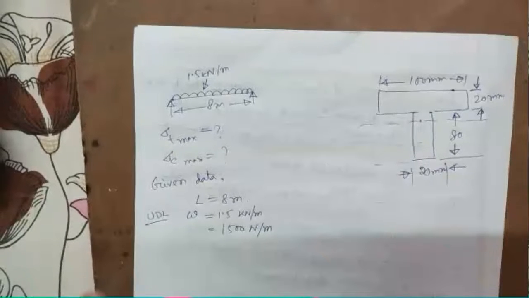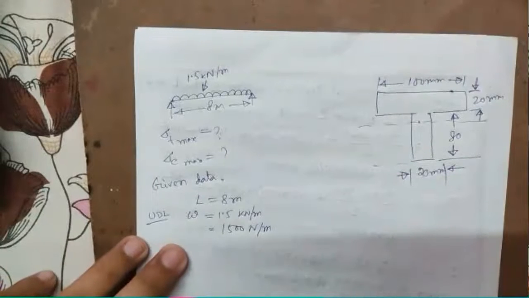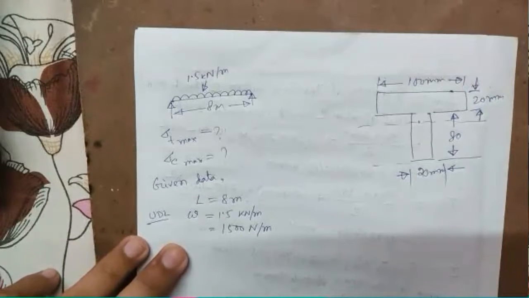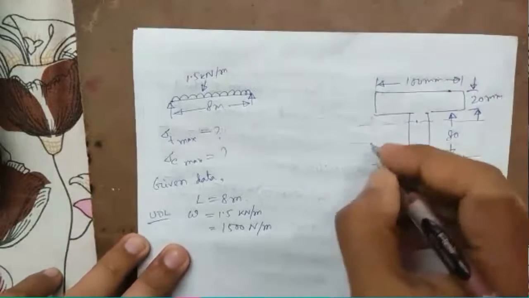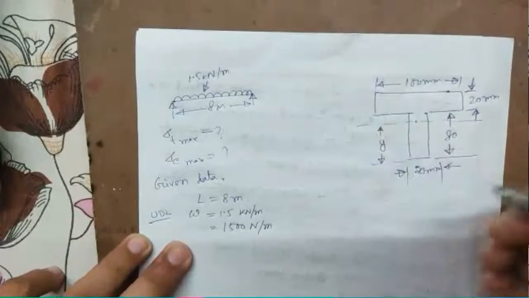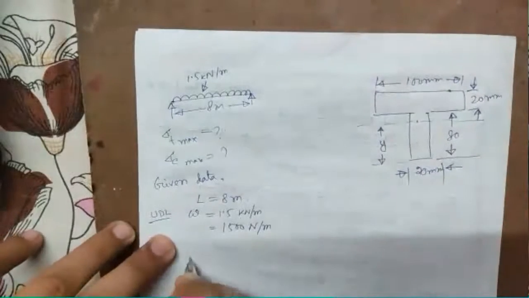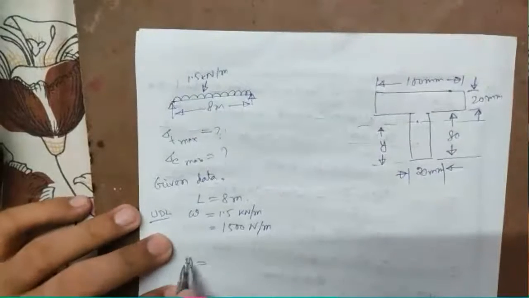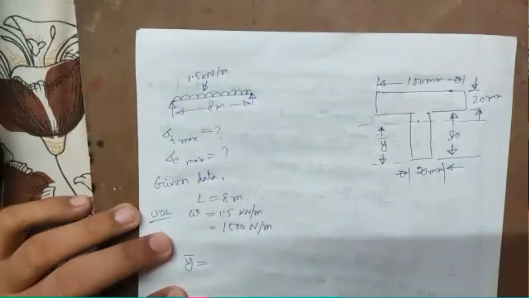Okay, so we are discussing how to find out the neutral axis. So let us find the distance of the neutral axis from the bottom face as y, let it be y bar.